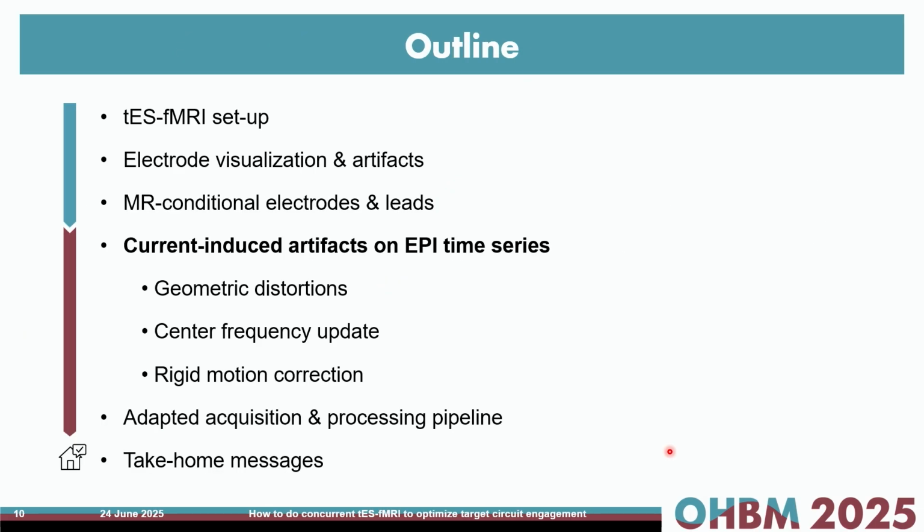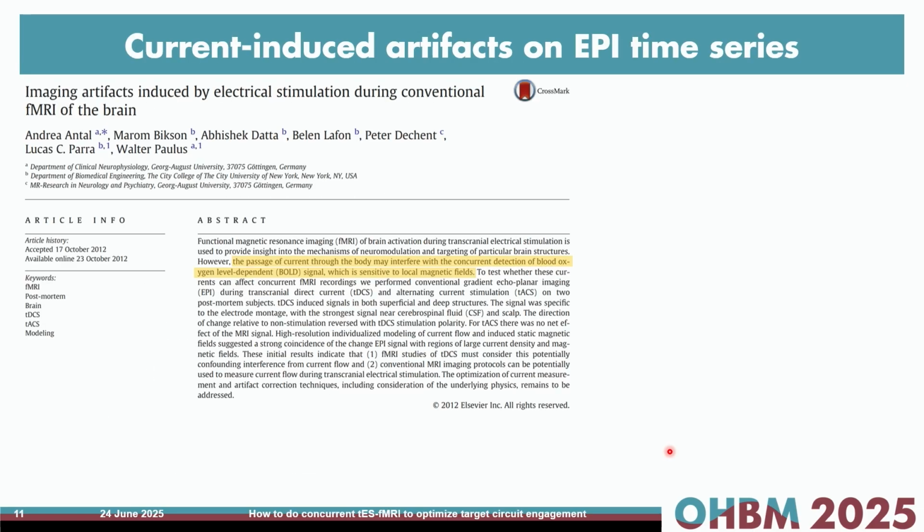This brings us to the second main part of this talk, which is about the artifacts caused by these current-induced magnetic fields. As before, I start with a very important paper on this topic, from 2012.